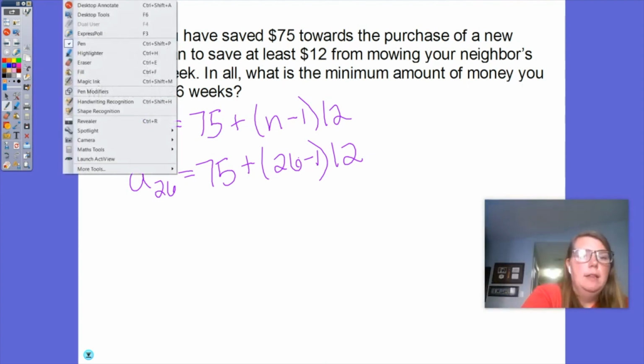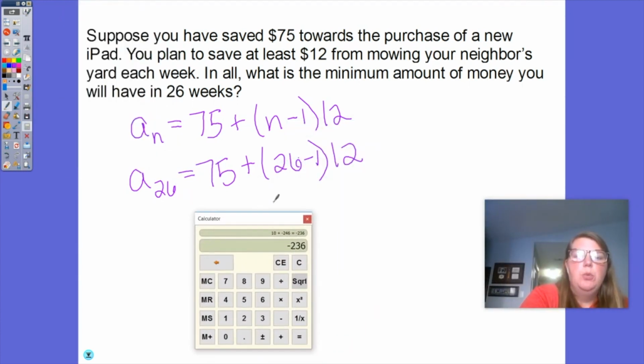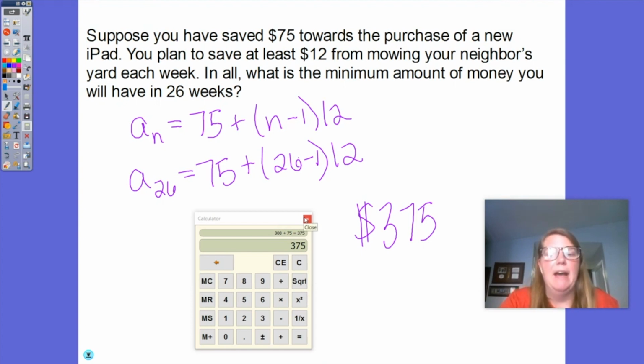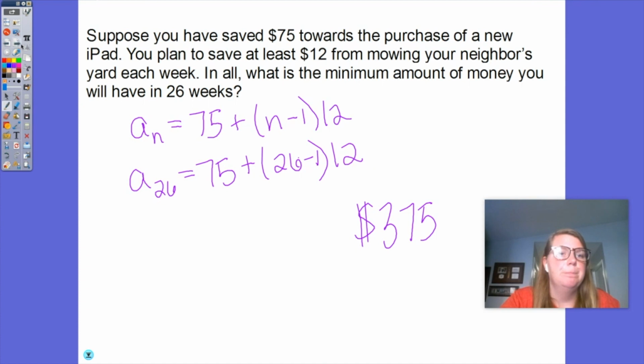So again, let me grab my calculator here. So 26 minus 1 would obviously be 25 times that 12 plus my original $75. So I would end up with $375 after 26 weeks, and that's half of a year. And I'm pretty sure iPads are a little bit more expensive than that, but that's a good start. So $375 would be how much you would have after those 26 weeks.